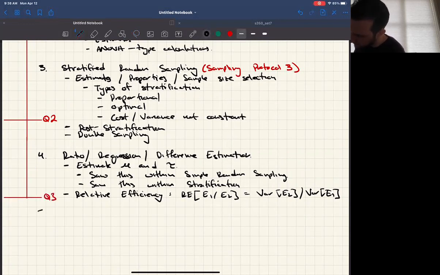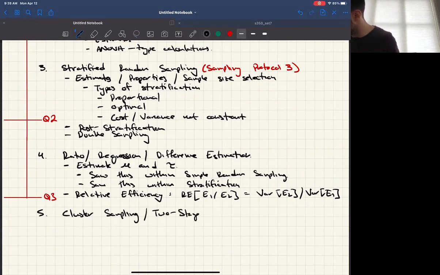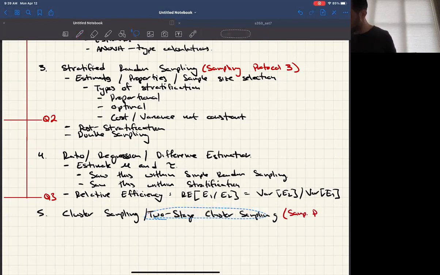All right, and then that takes us to the last main unit in the course. So here we have cluster sampling / two-stage cluster sampling. So these would be sample. Okay, actually, I'll just move this so it's not overlapping like that.